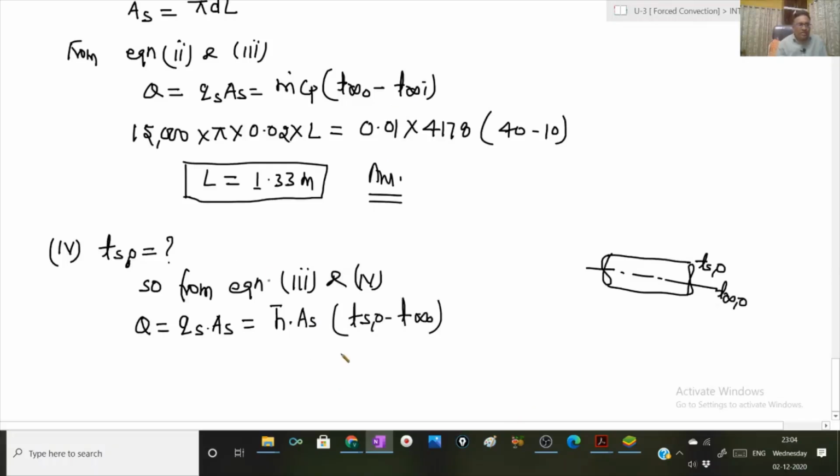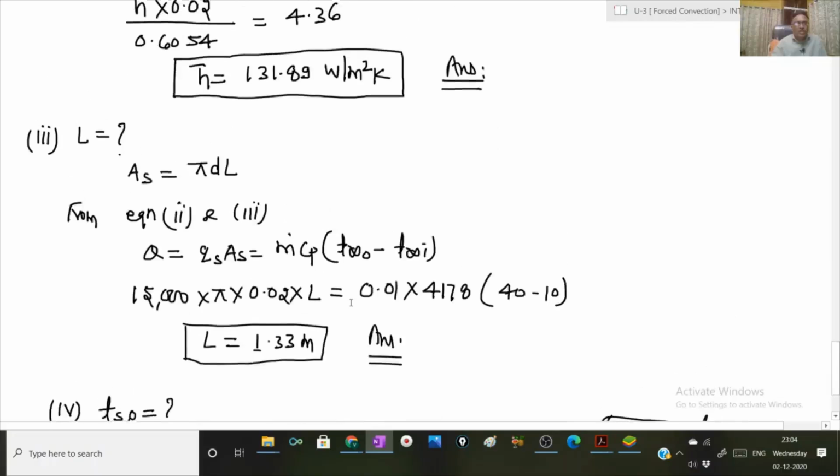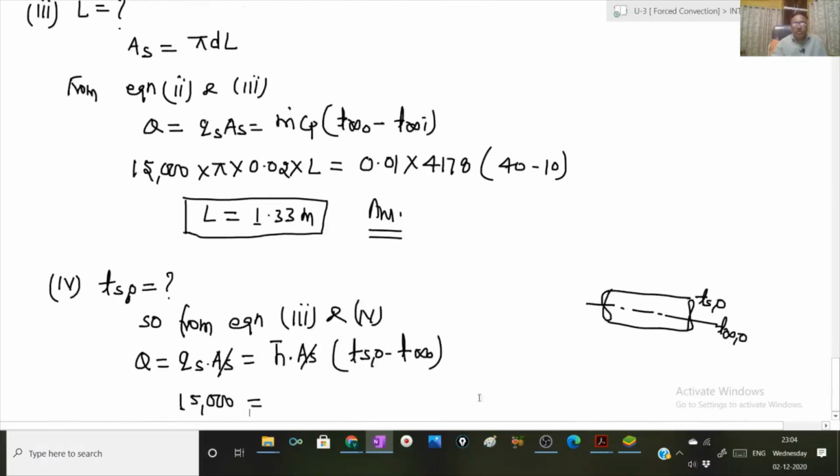This AS will get cancelled. QS is 15,000 watt per meter square. The value of h bar we have just calculated as 131.89.